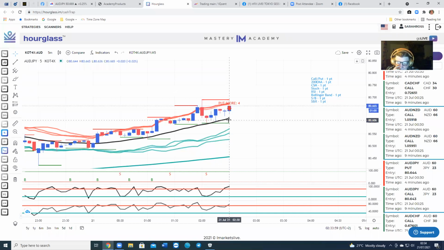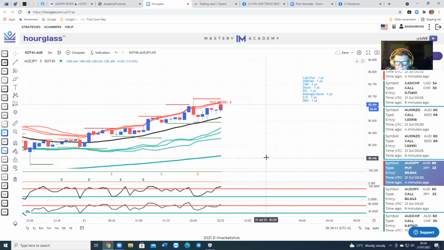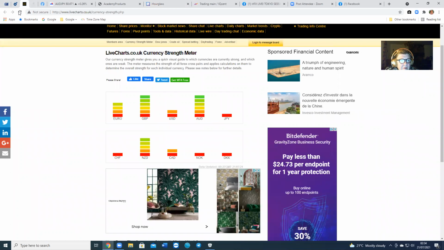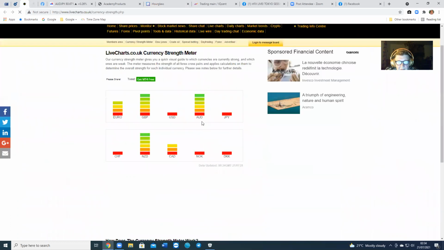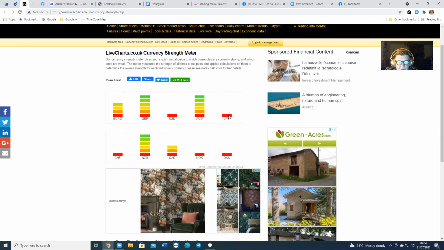So even though it's coming up into this overbought area, I don't want to take puts on this, for everything that we've discussed. You can see here the Australian dollar has lost strength, 60 to 23. But we haven't got other things in our favour for this. Let's just see if this is reflected on here. No, it's still very, very strong against the Japanese yen. I don't want to trade US dollar Japanese yen because they're equal.